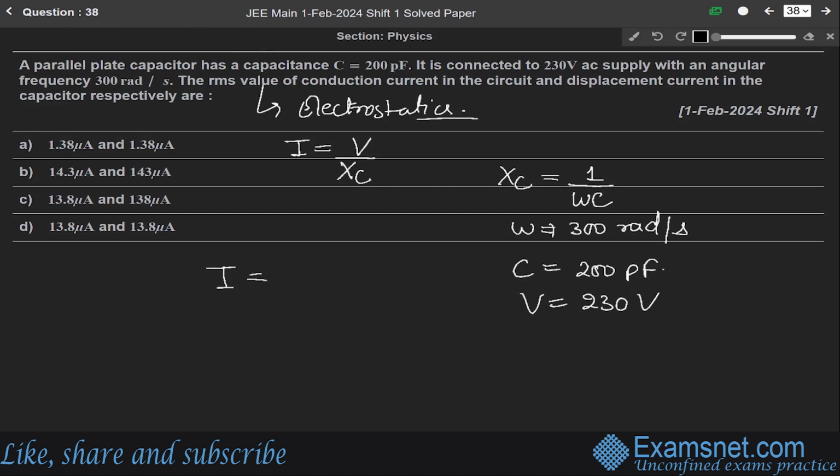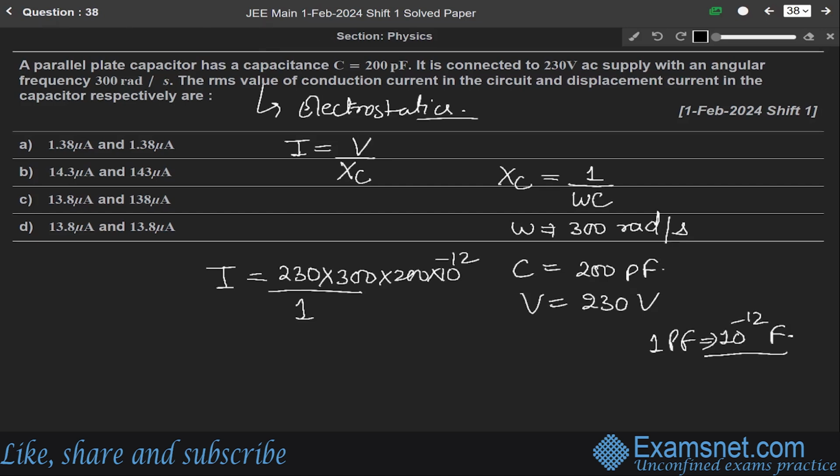That is I equals to 230 over 1 over omega C, means 300 into 200 picofarad, means 10 to the power minus 12. Okay. 1 picofarad equals to 10 to the power minus 12 farad. Now solving it, we get 23 into 3 into 2 into 10 to the power minus 12 plus 5.